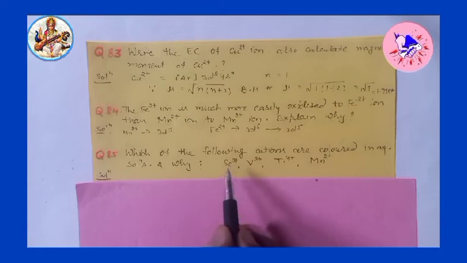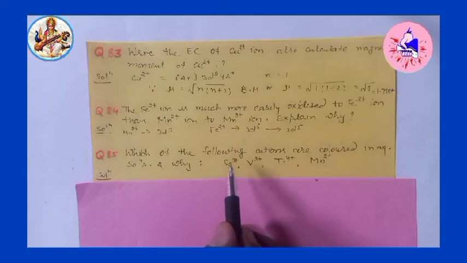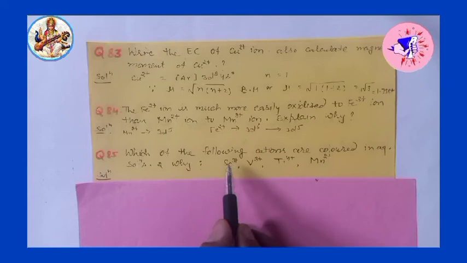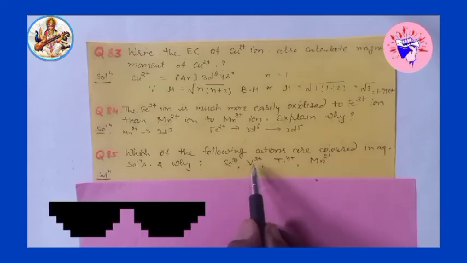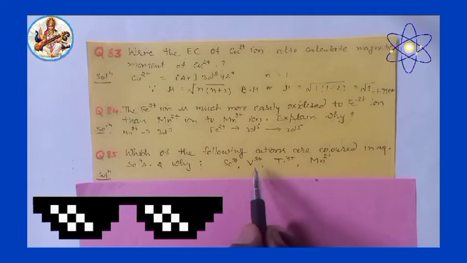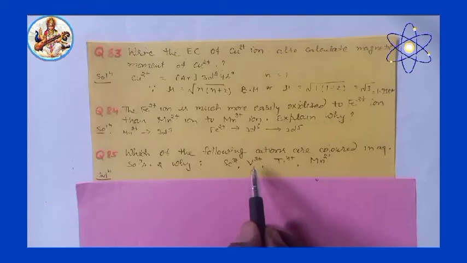The electronic configuration of scandium 3+ is 3d0 4s0, so it is colorless due to empty d orbitals. Similarly, the electronic configuration of vanadium 3+ is 3d2.